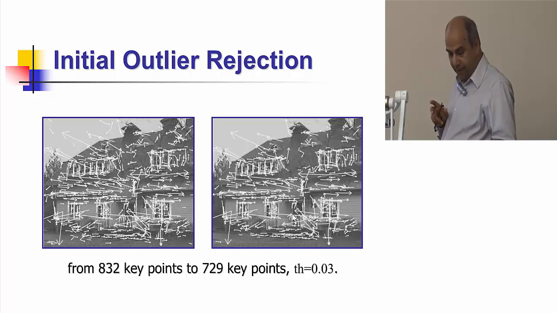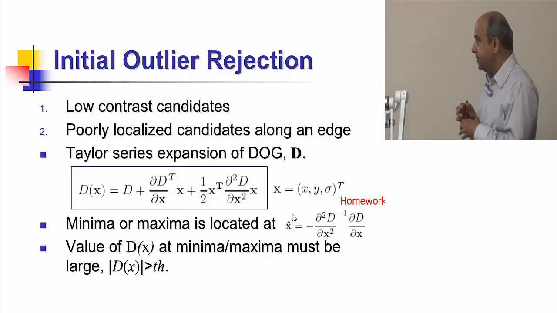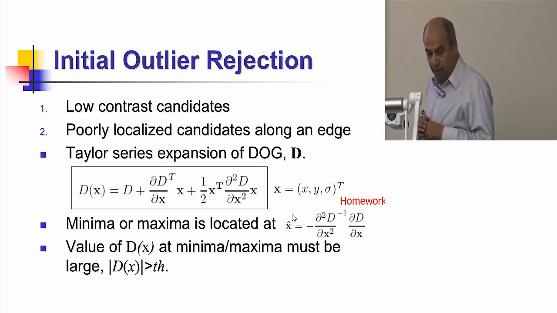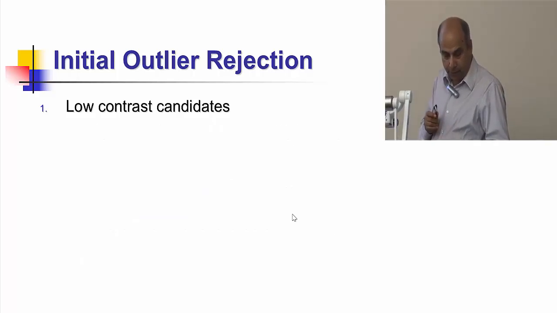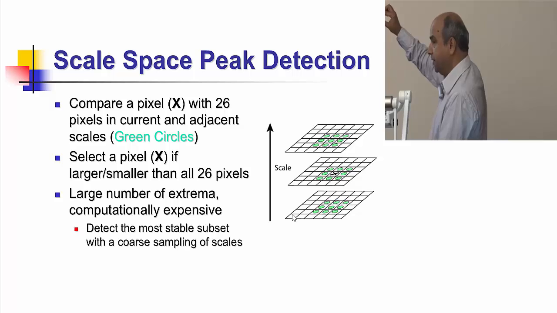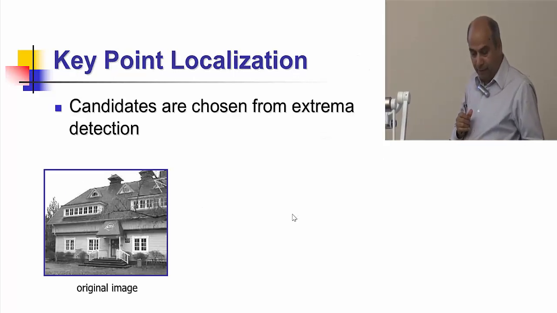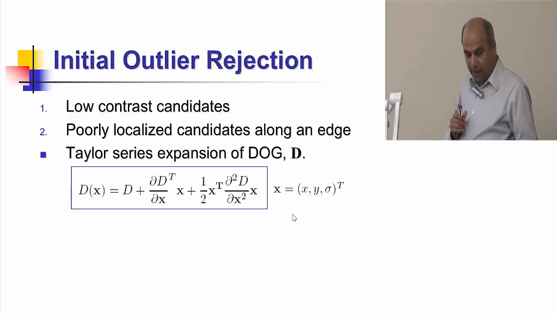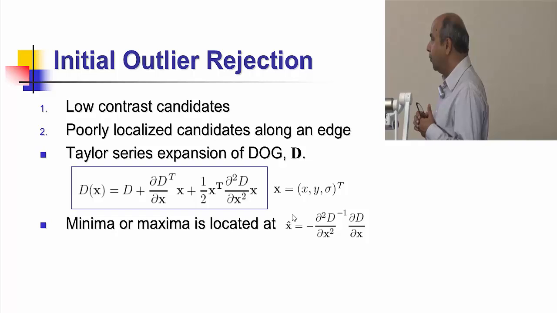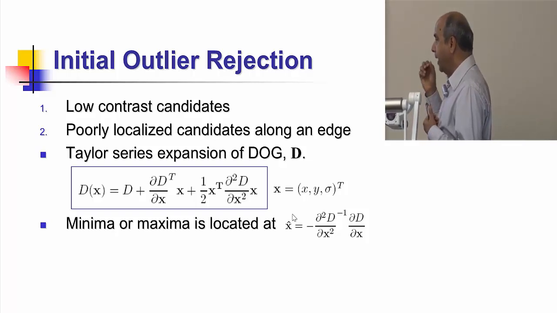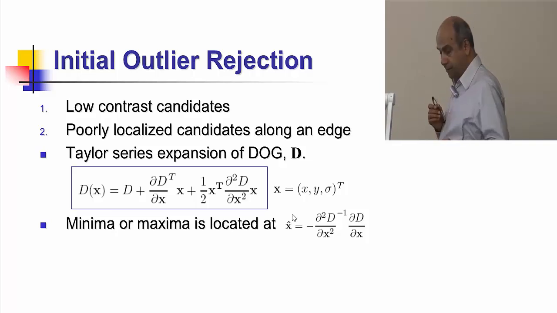This step is simple: we find the exact location where the maxima occurs, because before we just had integer-valued pixels. Now the extrema can occur anywhere in between pixels, because this is discrete, so there's a problem there. We want to find the location in sub-pixel accuracy, and we can find that by Taylor series expansion, and this location x hat will be given by that, and we find the value at x hat.